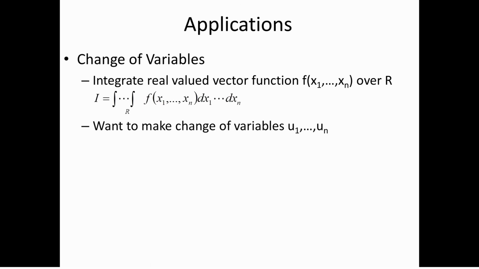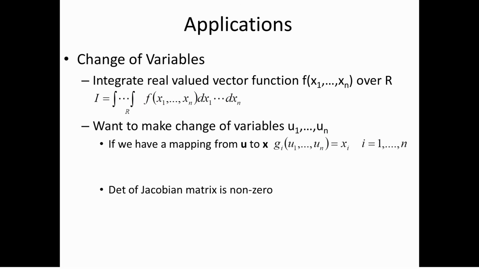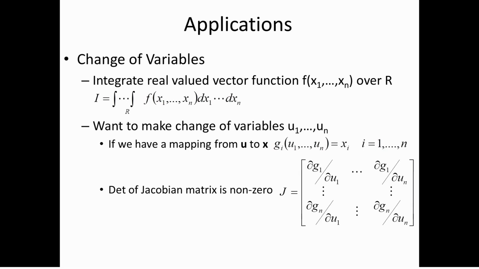And we want to do it by making a change of variables, all right? And there's a theorem that says, well, if we have some mapping from the vector u to x, which we can write as these n functions, okay, and the Jacobian matrix for that variable transformation is non-zero. In other words, this matrix, which is called the Jacobian matrix, is non-singular.